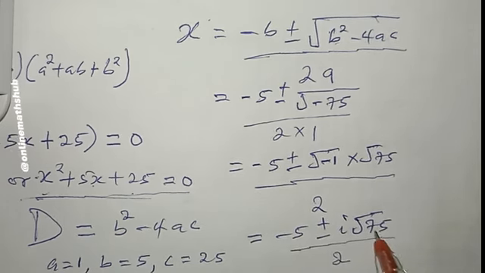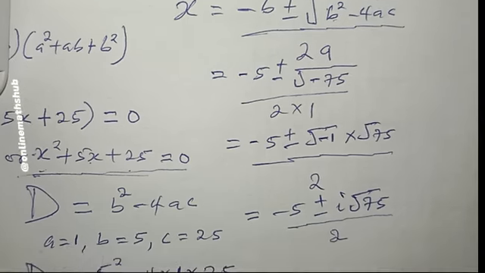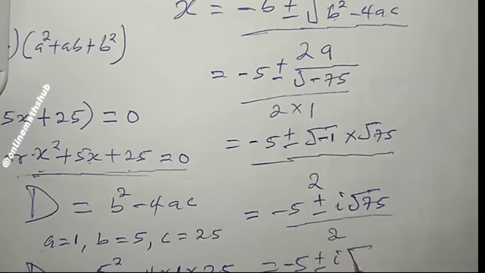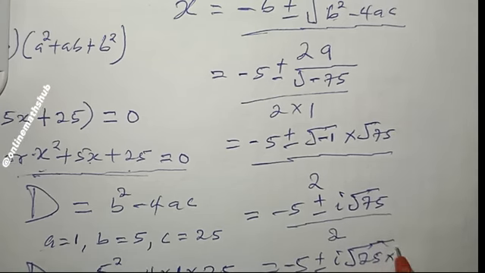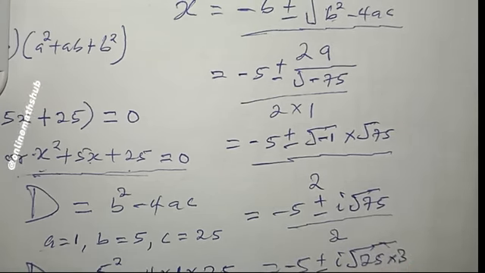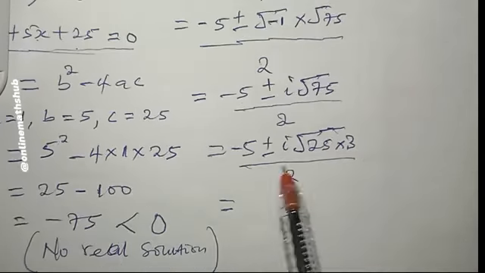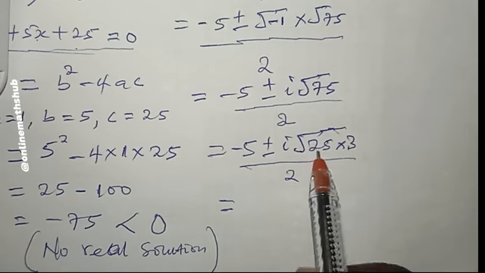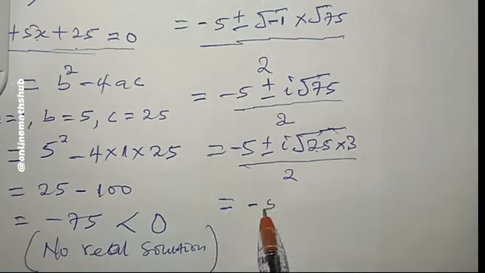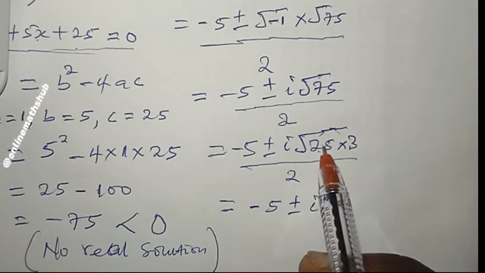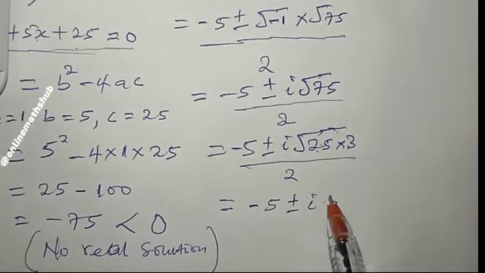We can also simplify this root 75 further. We can write it as 25 multiplied by 3, where 25 is the perfect square. We can now take the square root of this 25, so we have minus 5 plus or minus i multiplied by the square root of 25, which is just 5.